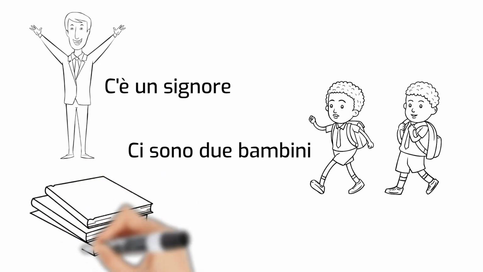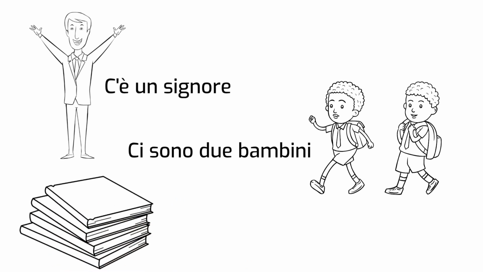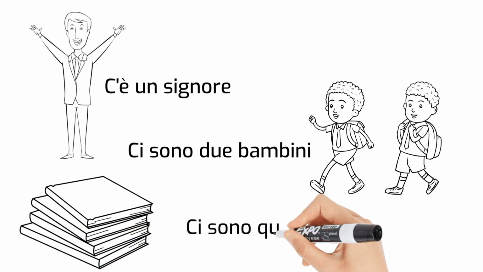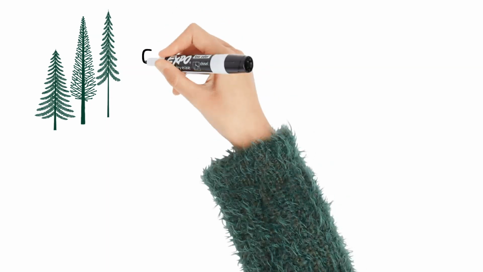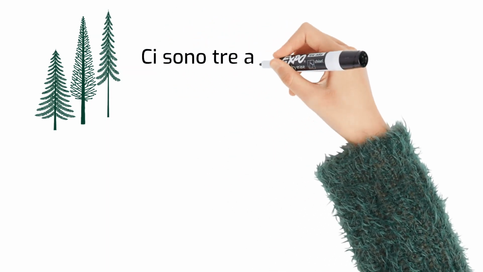Let's look over here. We have 4 notebooks, therefore we can say ci sono 4 quaderni. Here we have 3 trees. We can say ci sono 3 alberi.